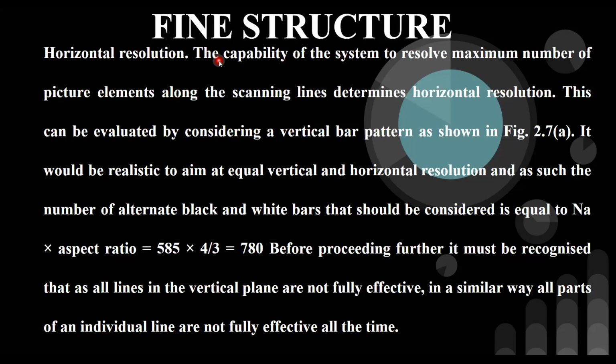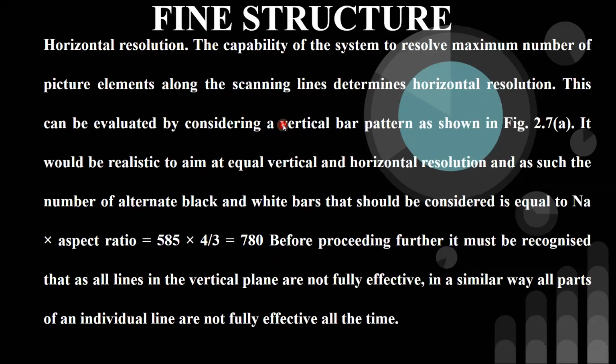So how can this be evaluated? It would be realistic to aim for equal vertical and horizontal resolution, such as the number of alternate black and white bars that is shown in the previous slide. What is this?